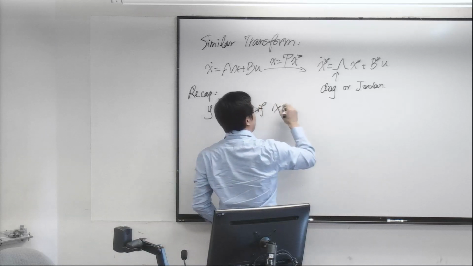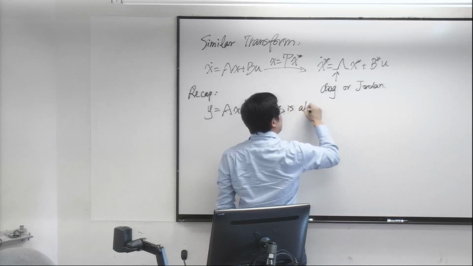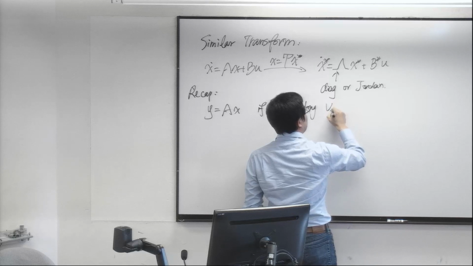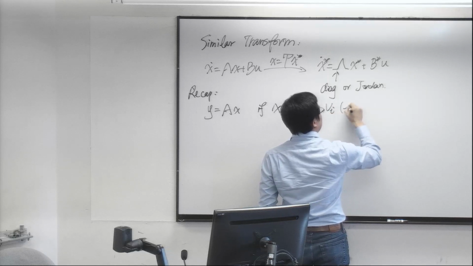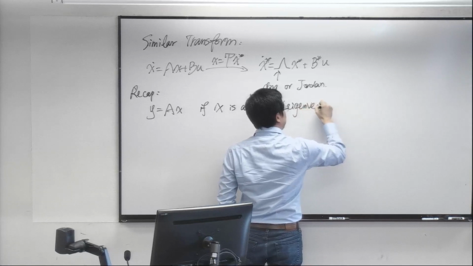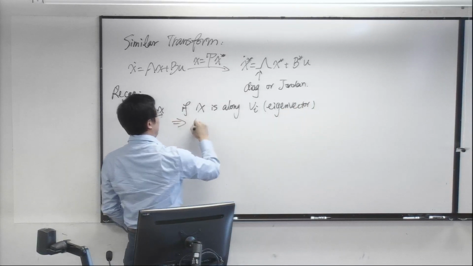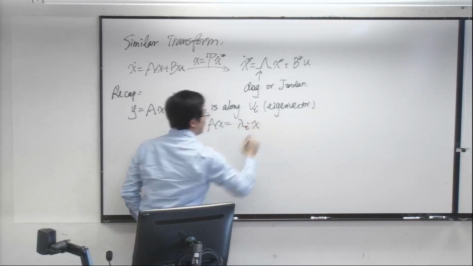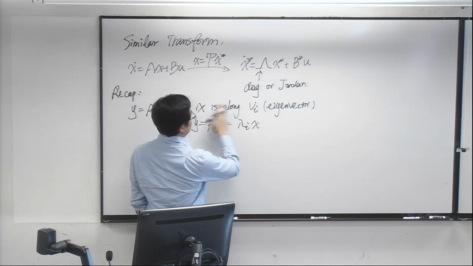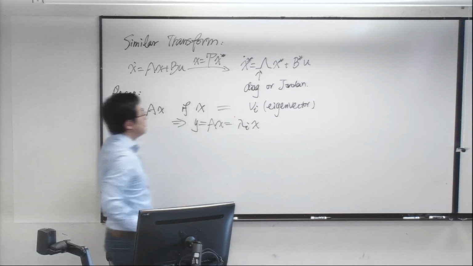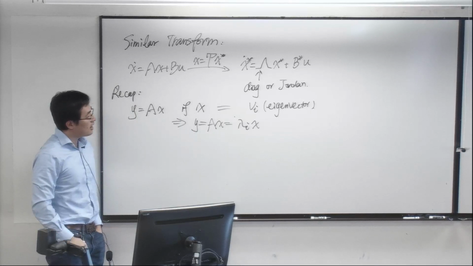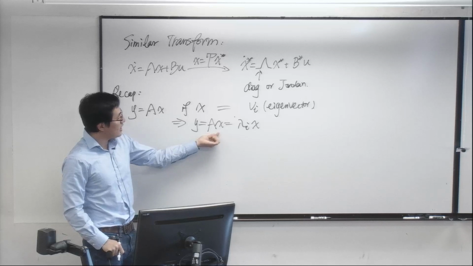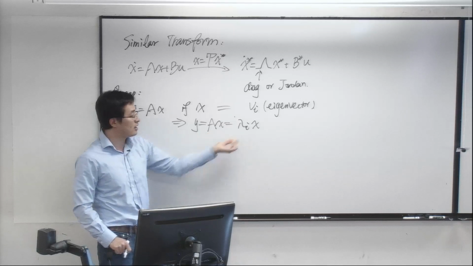If x is along, let's say, vi, the direction of one eigenvector, then y equal to Ax equal to lambda i times x. So let's say if x is equal to vi, then the output y equal to Ax stays in the same direction.